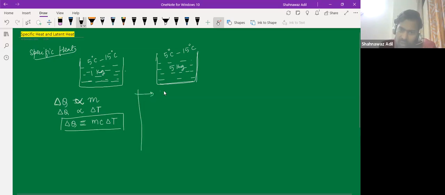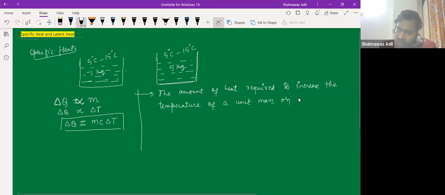The amount of heat required to increase the temperature of a unit mass object by 1 degree Celsius, or by unit degree, right?